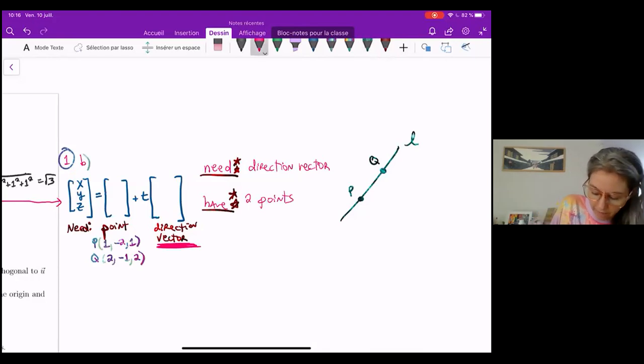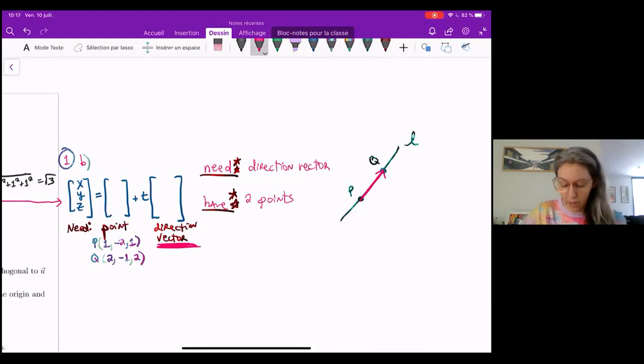Well, I kind of already have it. If I draw a vector through P and Q, is that parallel to my line? Yep. So P and Q are on the line, so PQ is parallel to the line, and is thus a direction vector.